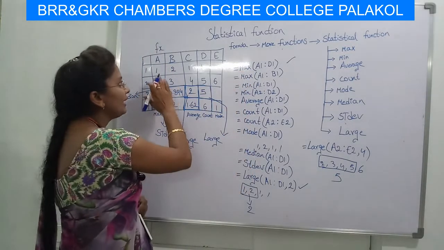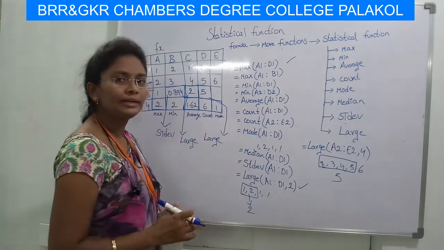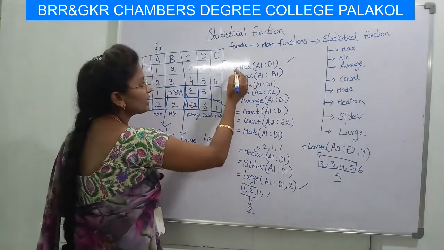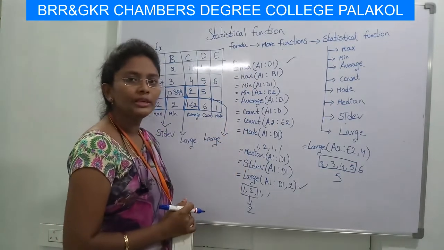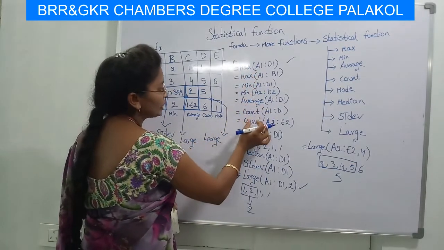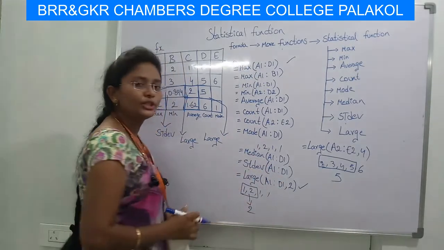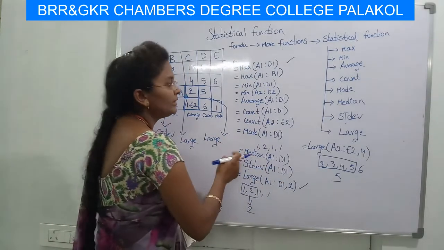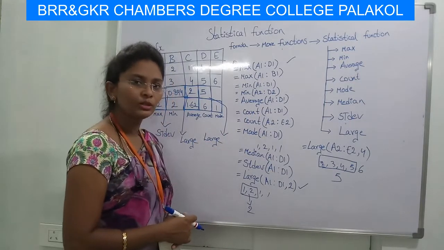Here I entered the data and I am writing the formula directly in the formula bar. For each and every function we have to write the equal sign, and max, minimum, average, count, mode, median, standard deviation, large are the function names. Those functions are in the statistical group.